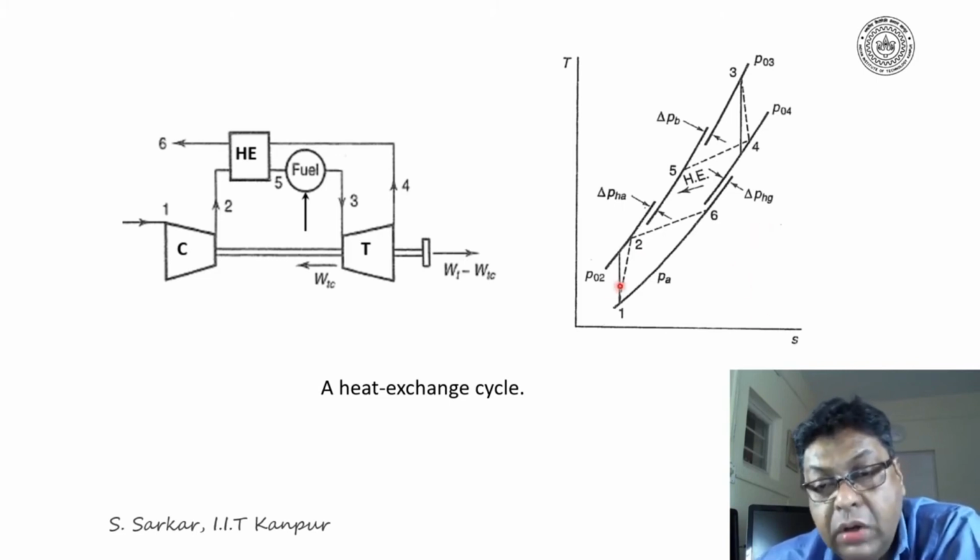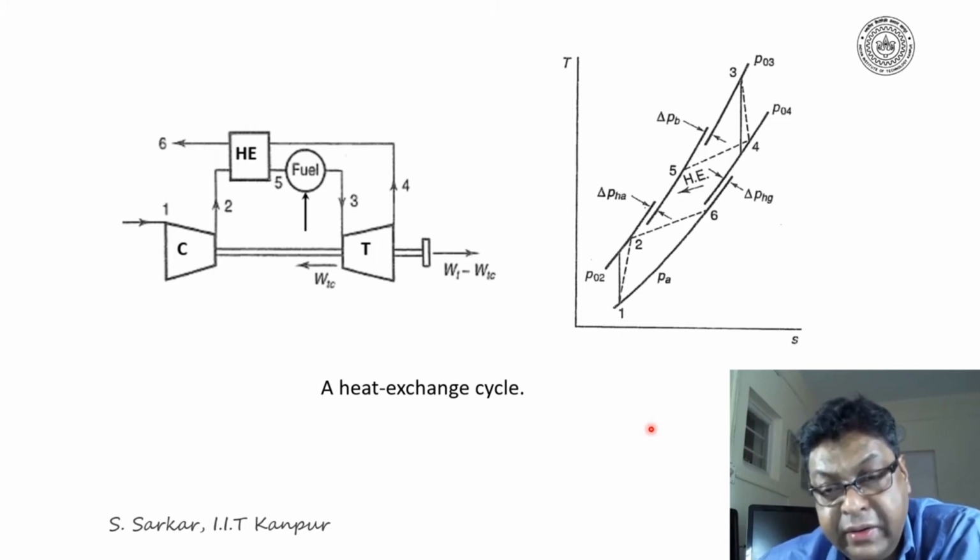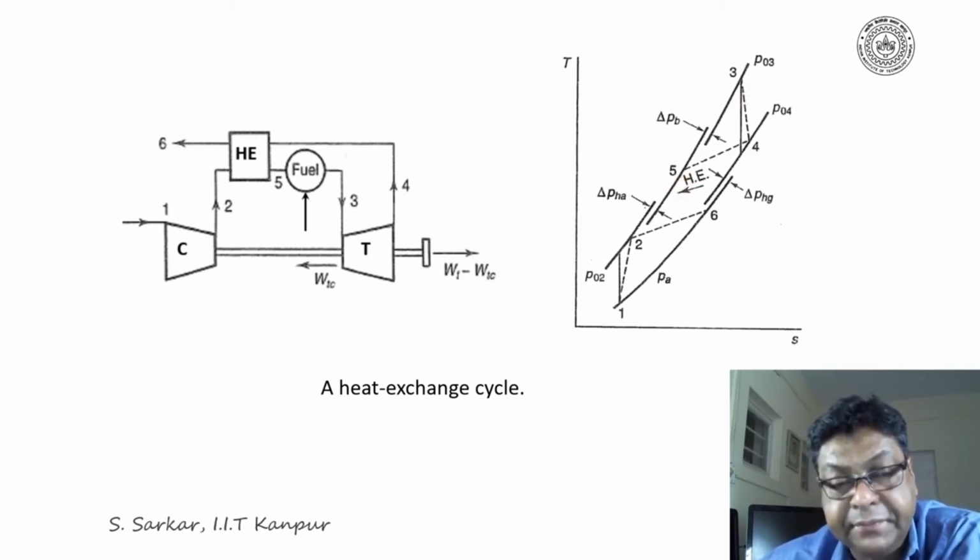Thus, 1, 2, 3, 4 and 1 represents the regenerative cycle, and here the heat transfer because of the heat exchanger is 2-5, while the heat added in the combustion chamber is 5-3.